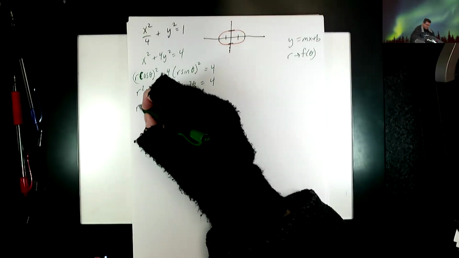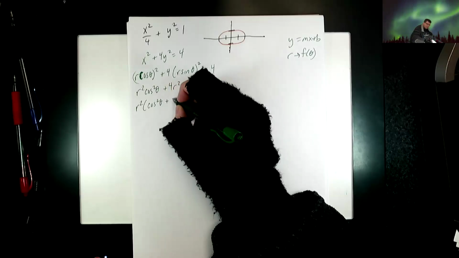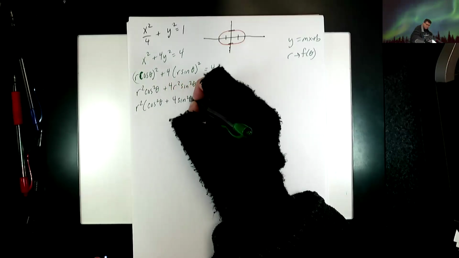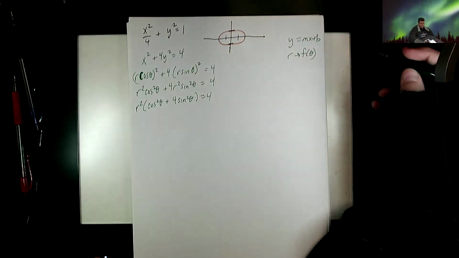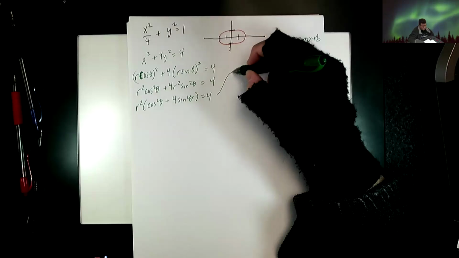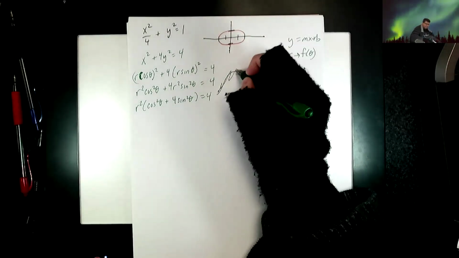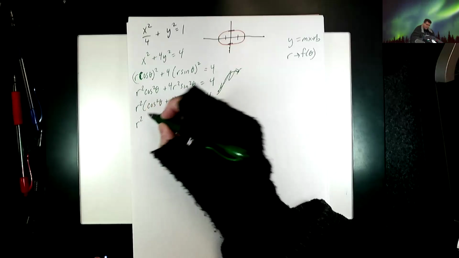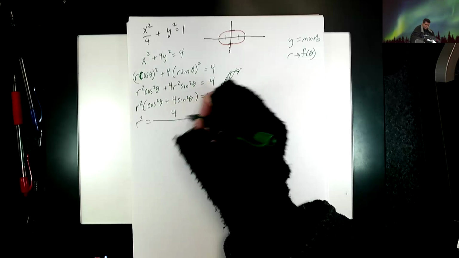And we can factor out the r squared. We'll divide by that multiplier, the cosine squared plus 4 sine squared.